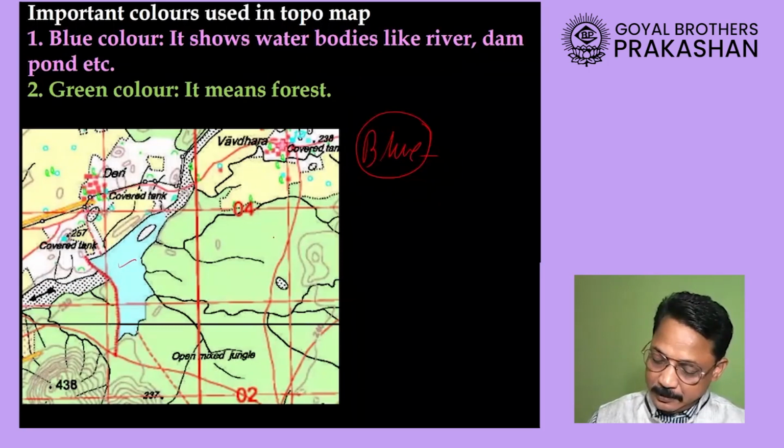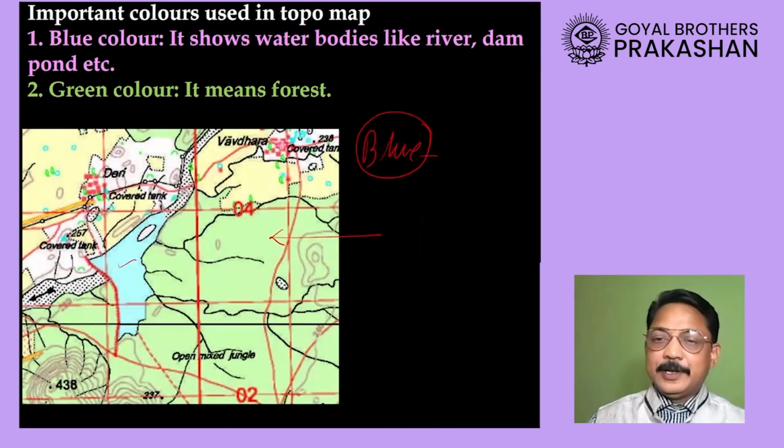Then you see a lot of green color in a topography map, dear students. Green color means a forest, and whenever you see green color, it also indicates which occupation is carried out there. When there is a forest, the occupation will be forestry.